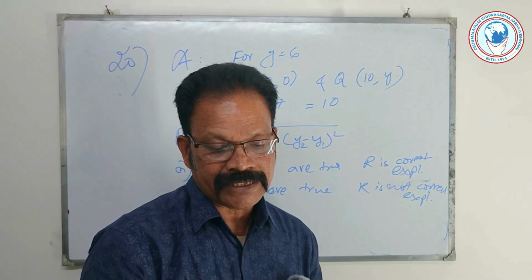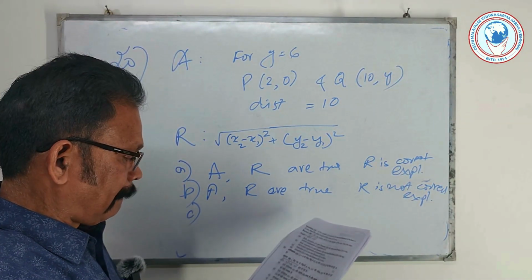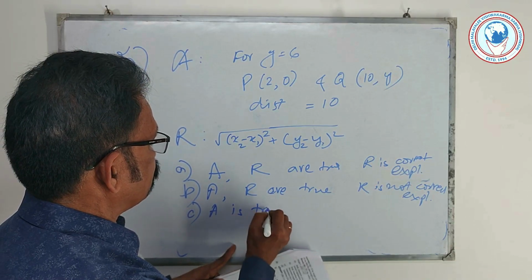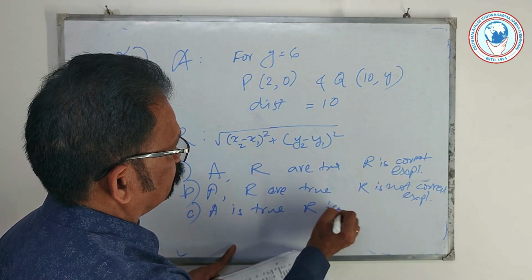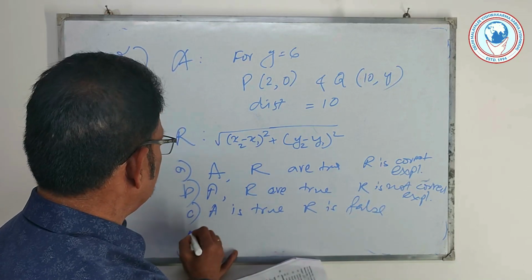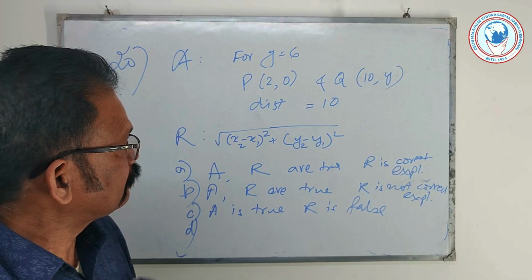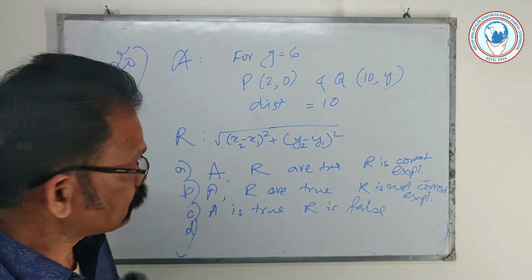C, assertion A is true and reason R is false. And last part D, assertion A is false, reason R is true.